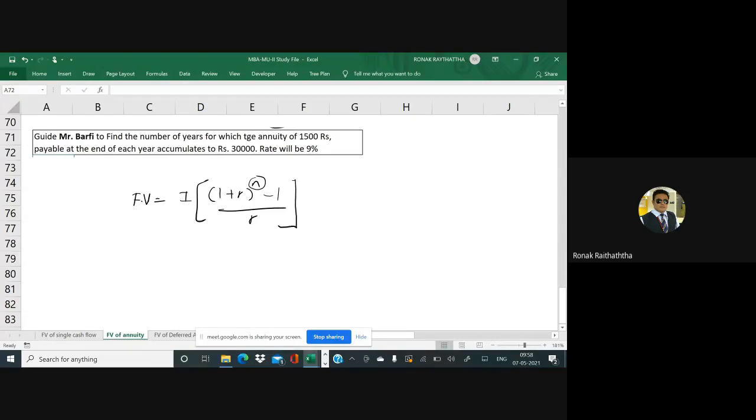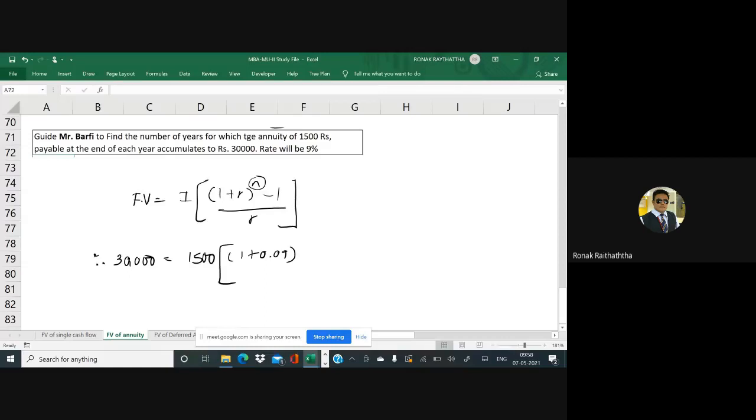The future value, my friend, after this many years is going to be 30,000, which is again given to us. So 30,000 I am writing, equal to the installment amount I, which is 1500, given to us, opening the bracket, 1 plus R, which is again 9%, 0.09.